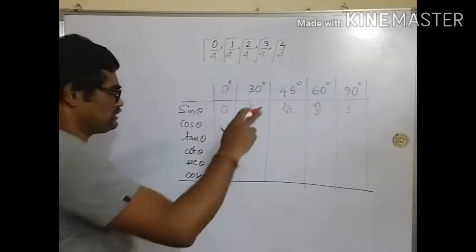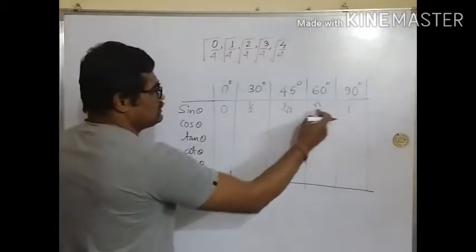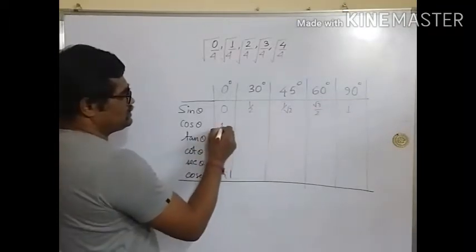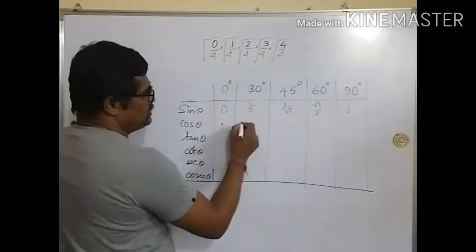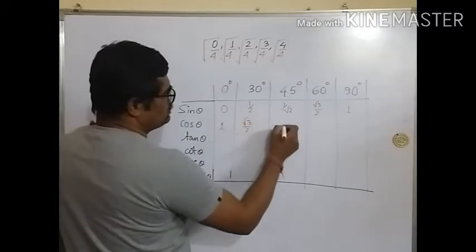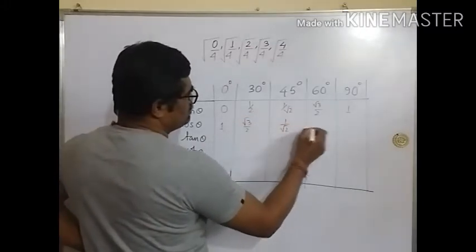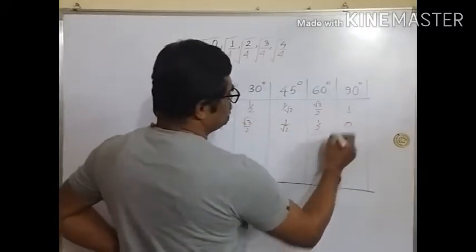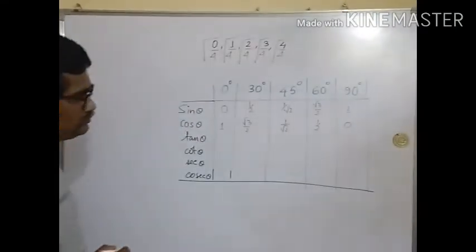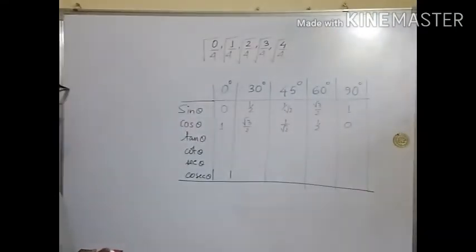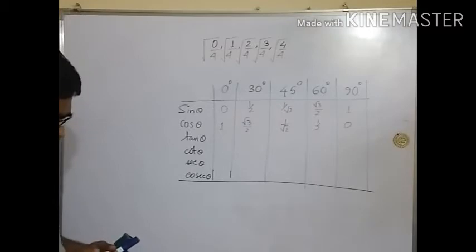If you write in the opposite order, first 1 will come, then root 3 by 2, 1 by root 2, half, and 0. Okay, so you are done with 2 lines.